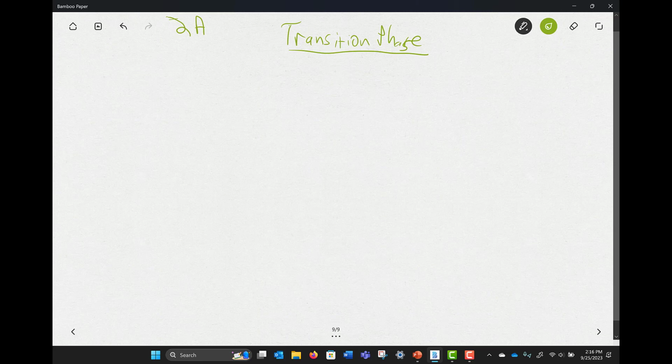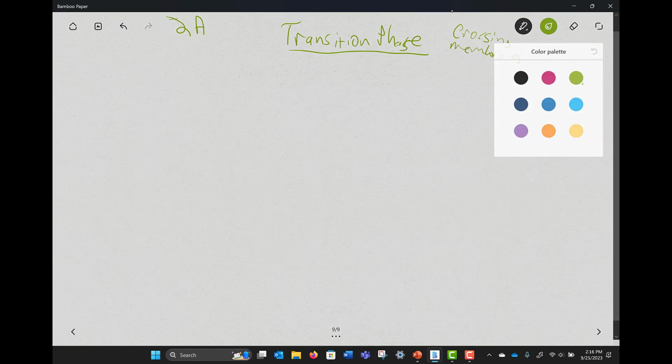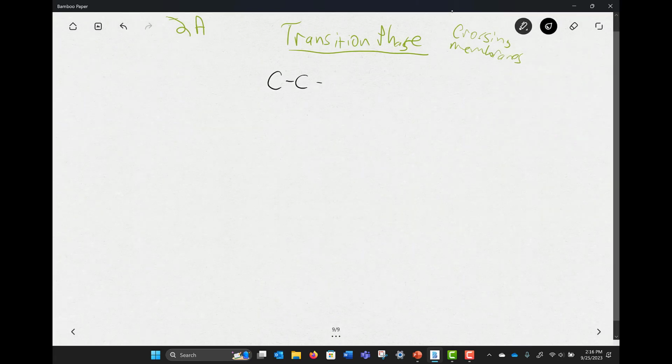But step 2A, the transition phase. And the transition phase is going to happen as we cross both mitochondrial membranes. So we're starting with our pyruvic acid.